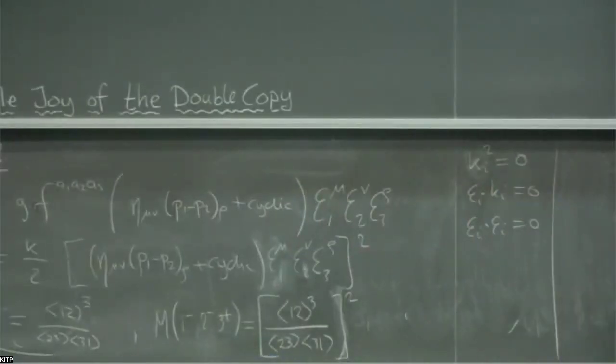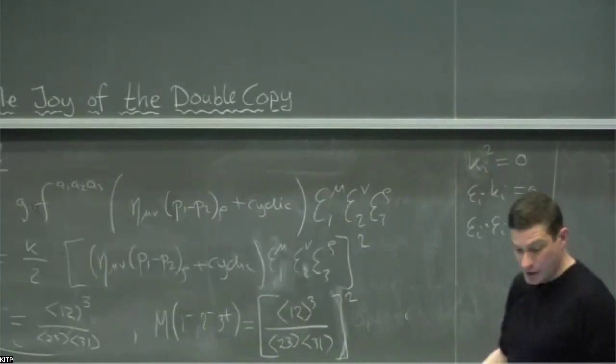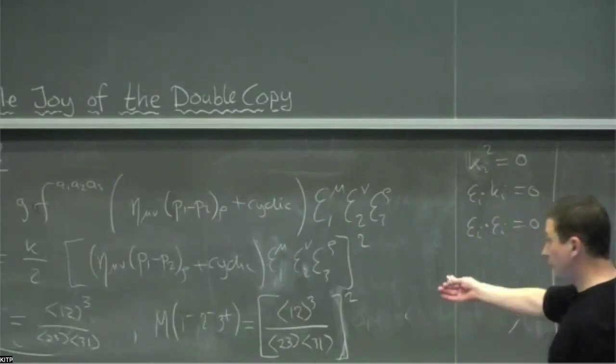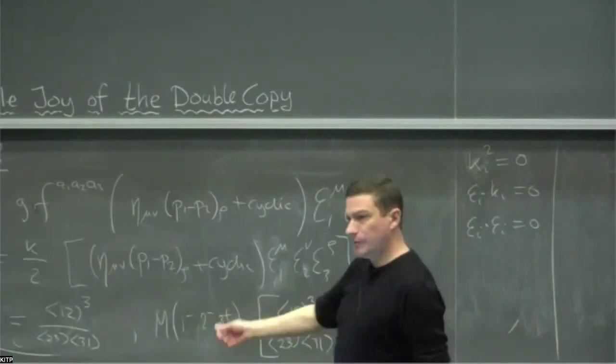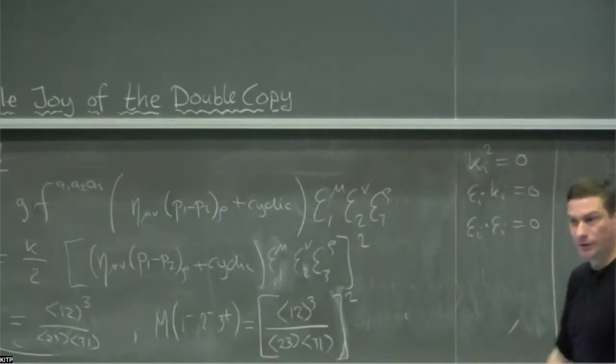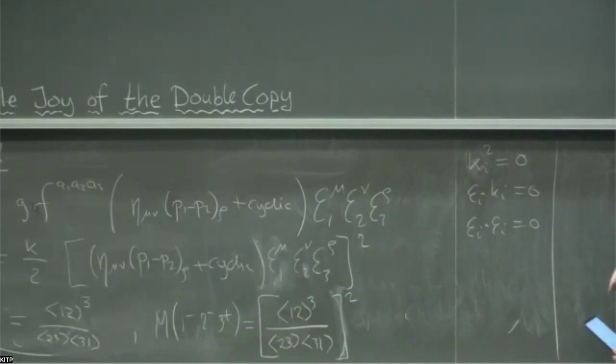Okay. You might wonder about other states. So now I'm just looking at the graviton and the gluons. You can say, what about if I had some fermions, scalars, or whatever? So you can convince yourself that at 3 points things are just trivial, because I can write, in fact, the most general amplitude for 3 massless particles. So if I have helicity 1, helicity 2, helicity 3, there's a very simple formula for this amplitude.